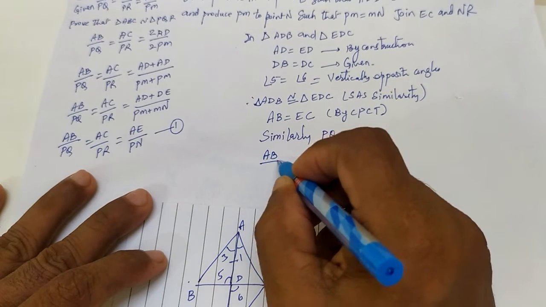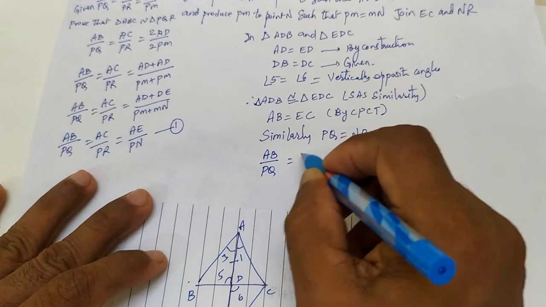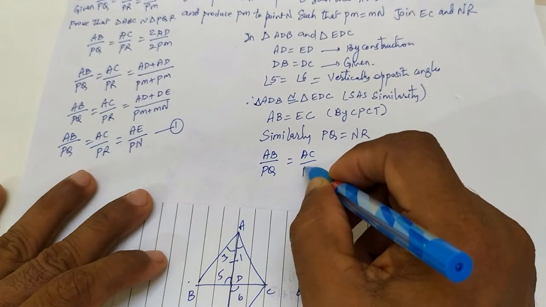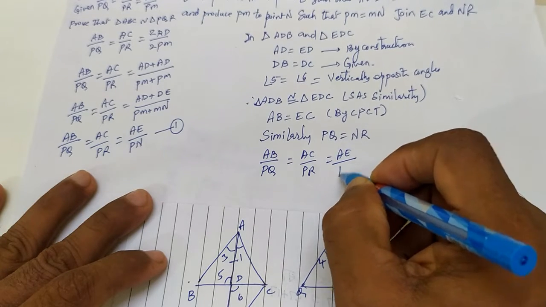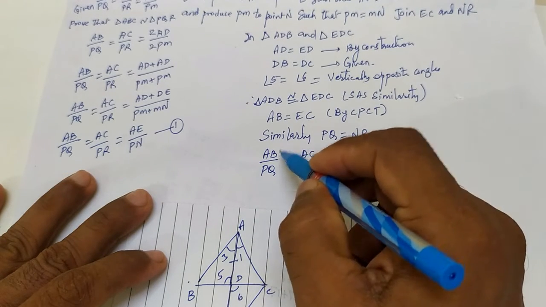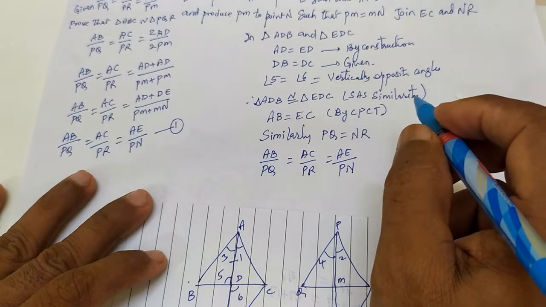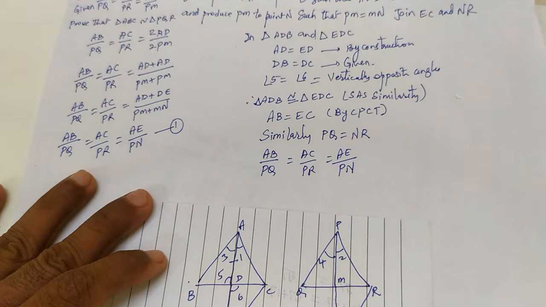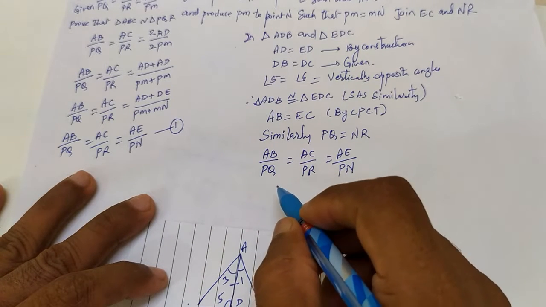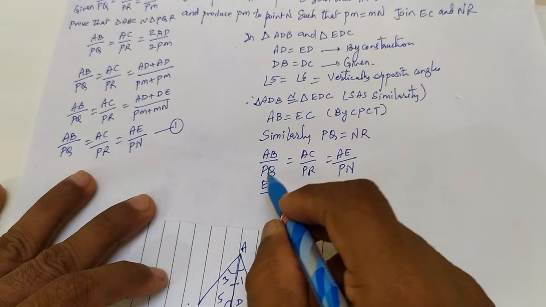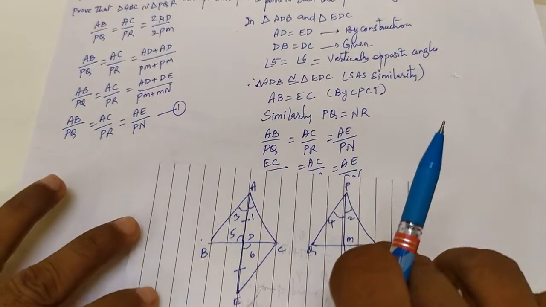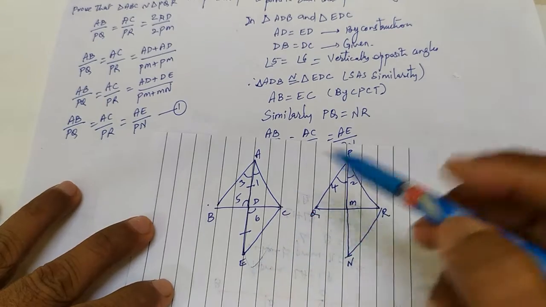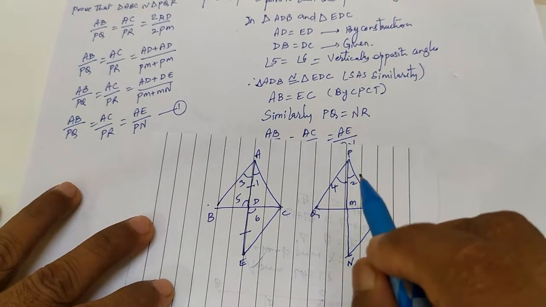AB upon PQ is AC upon PR is AE upon PN. But we have proved AB is equal to EC, therefore we will write EC, and PQ we have proved as NR. So we have shown that AEC is similar to PNR.